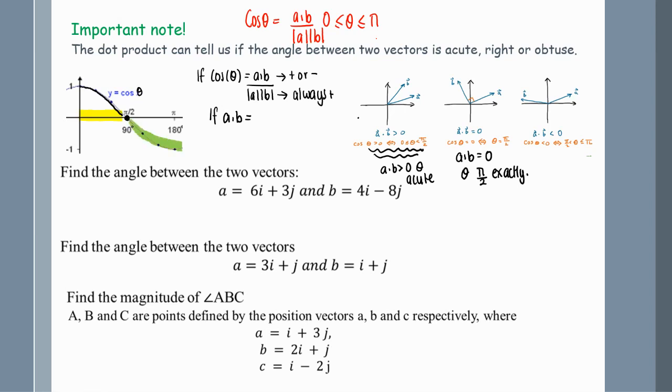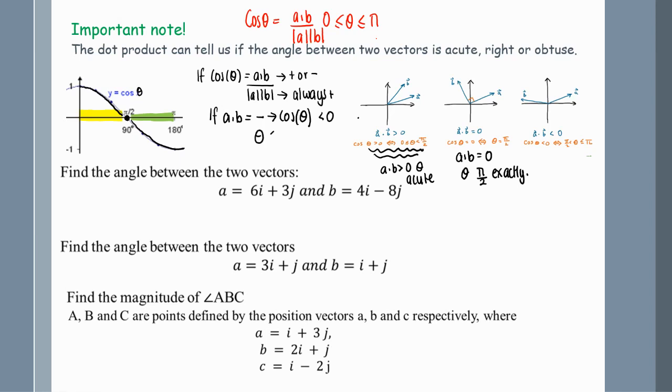Lastly, I think you know what's going to happen here. If we have the dot product of two vectors and this dot product is negative, we know that cos theta will be a negative over a positive, because our denominator is always positive. So cos theta will be some kind of negative number between 0 and minus 1.